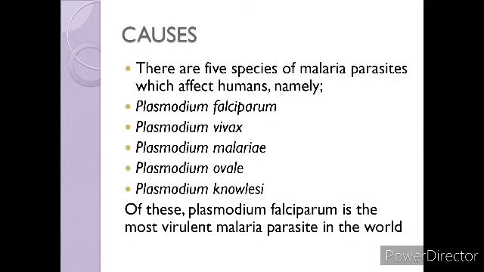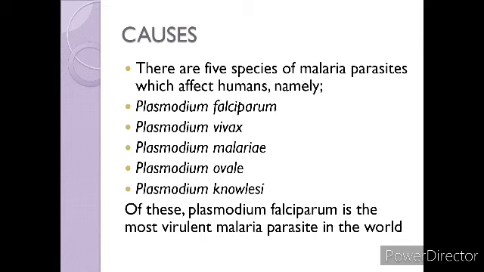There are 5 species of malaria parasites which affect human beings, namely Plasmodium falciparum, Plasmodium vivax, Plasmodium malariae, Plasmodium ovale, and Plasmodium knowlesi. Of these, Plasmodium falciparum is the most harmful malaria parasite in the world.